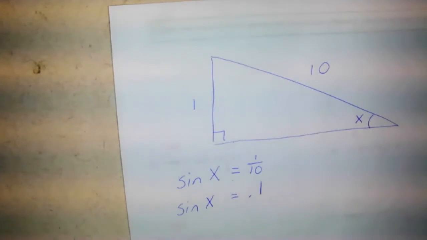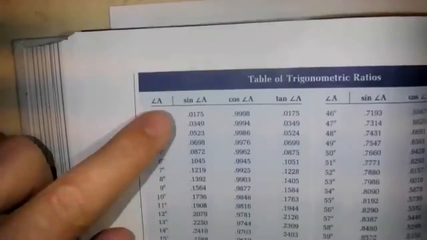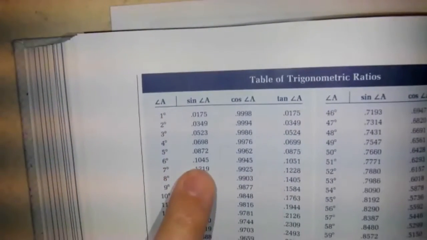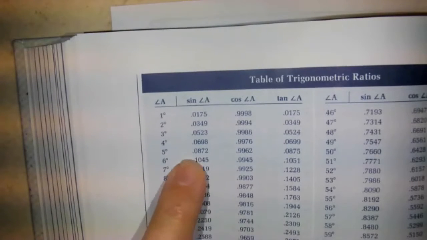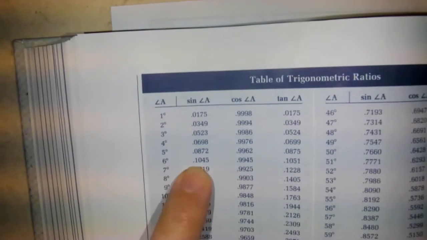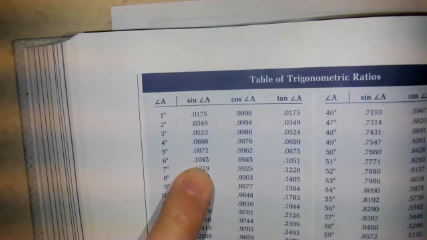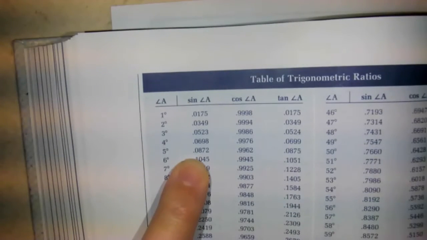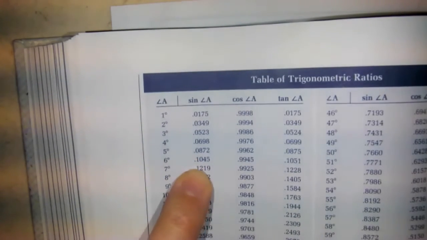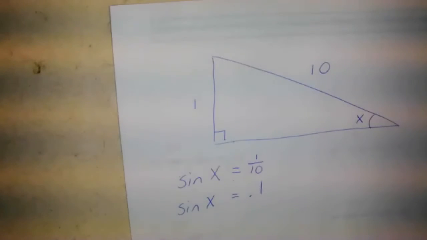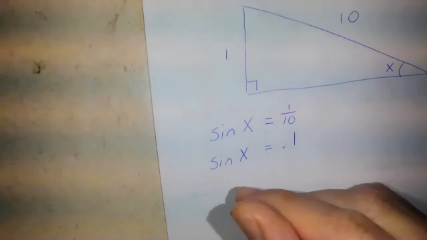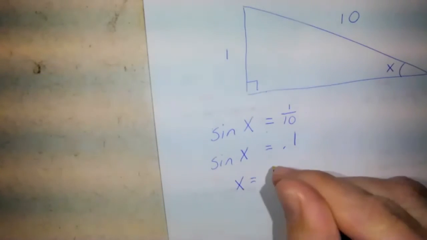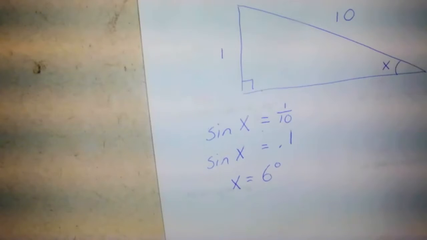So now I can look at my chart and use it the other way, where I'm looking to see what angle is associated with that ratio of sides being 0.1. So it seems to be somewhere between 5 degrees and 6 degrees, a lot closer to 6 degrees. I think it is fair to say that x is equal to 6 degrees.